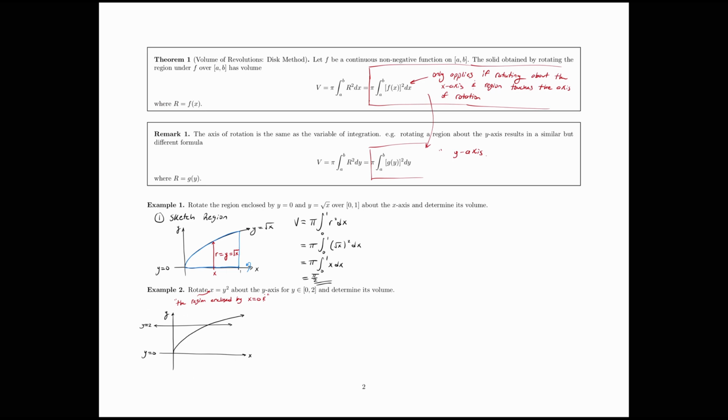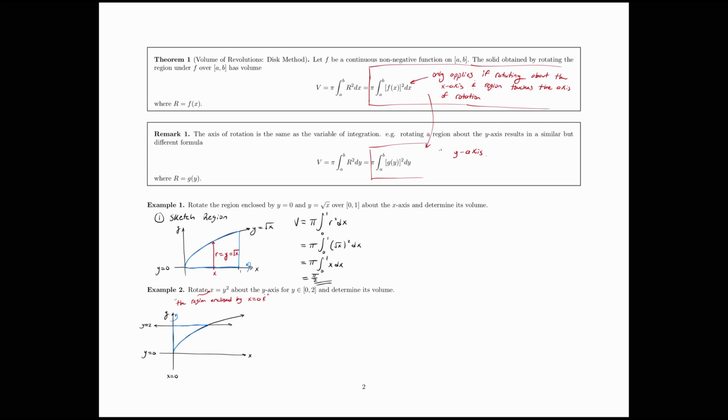Okay. And then x equals 0 is the y-axis. So it looks like we have boundary, boundary, boundary. So that encloses this region right here. Okay. And we are rotating it about the y-axis.